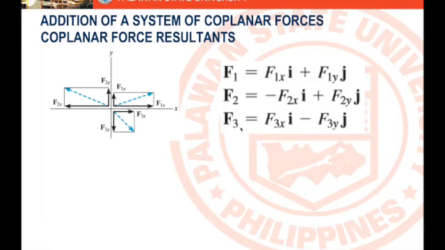So for F3, the x component is going right, that would be positive, so F3x i, and the y component is going down, that would be negative F3y j. Please always remember i is for x direction and j is for y direction.